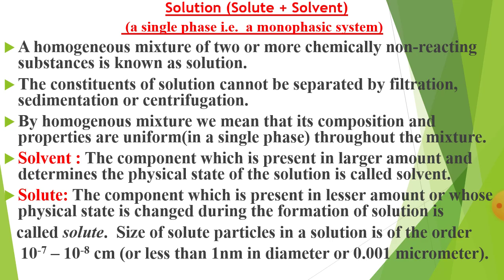Solution is basically made up of two components, solute and solvent. It is a single phase system, that is a monophasic system. It may be defined as a homogeneous mixture of two or more chemically non-reacting substances is known as solution.